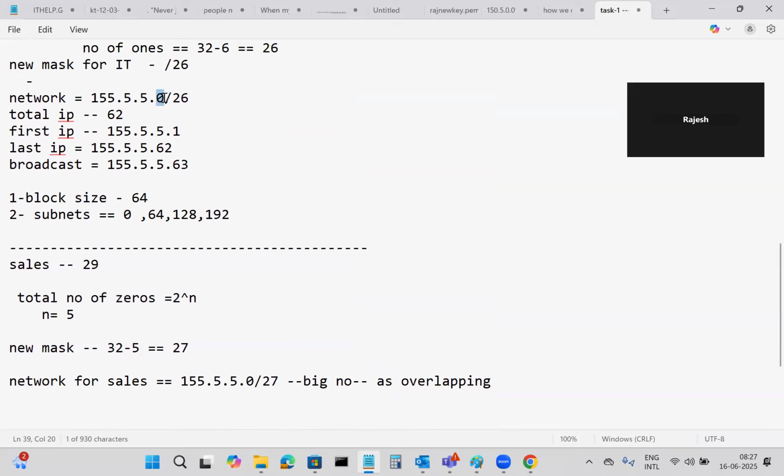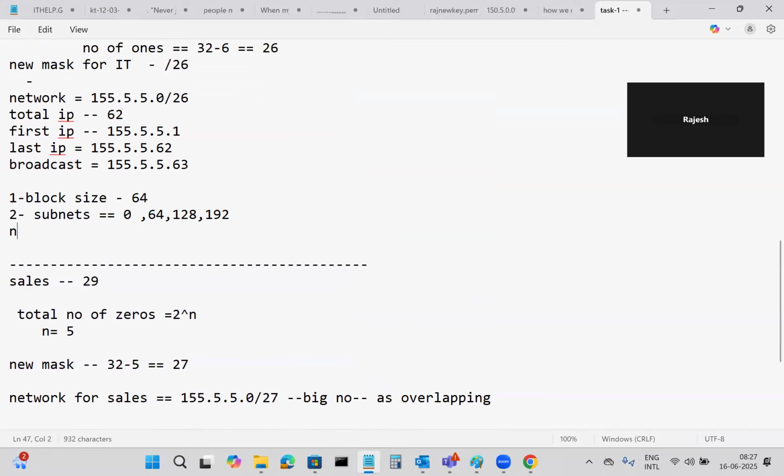In the IT department, I am using the first subnet, 0. So what is the next available network now? 64. So I will write down the next available network will be 155.5.5.64. Zero I have already used.